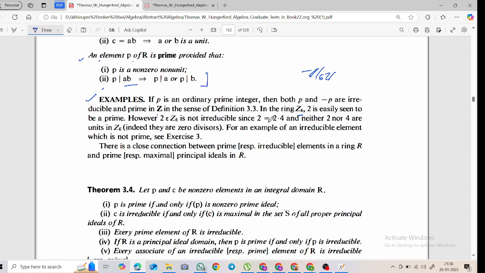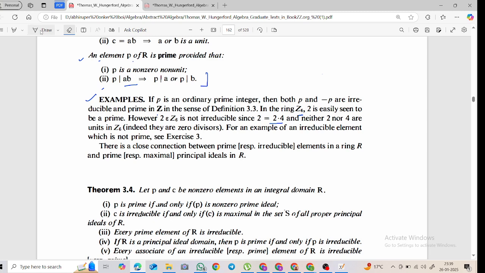Why? Because 2 can be written as 2 into 4, right? This is 8, and 8 and 2 are the same in Z mod 6. So this is not irreducible. But according to them, 2 is prime.